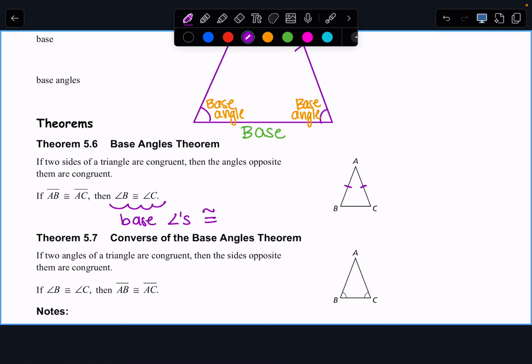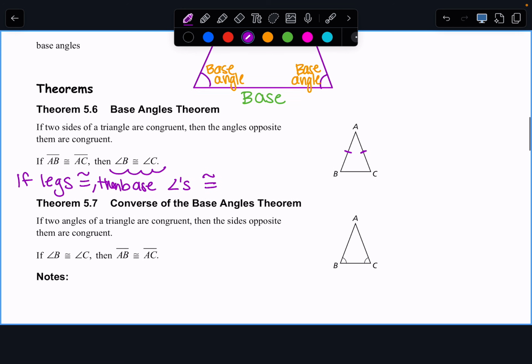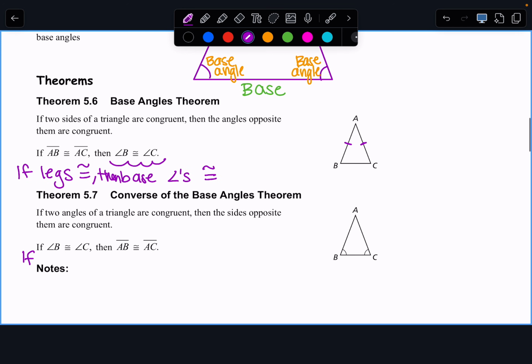Okay? So if we have legs that are congruent, then the base angles are congruent. And its converse: if our base angles are congruent, then our legs are going to be congruent.